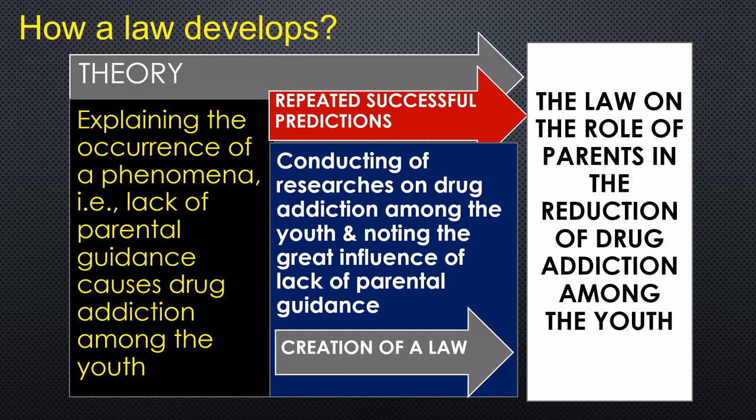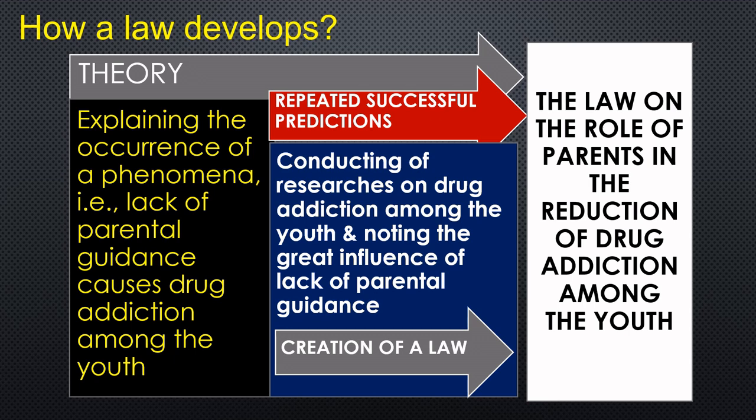Just like, say, for example, you notice that most of the drug addicts, young people or drug addicts, you found out that many of them basically are product of broken families, or obviously there was or there is an absence of parents in their homes. Okay, so you will come up now with a theory that you are now assuming that lack of parental guidance causes drug addiction among the youth.